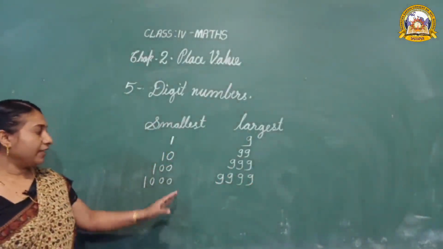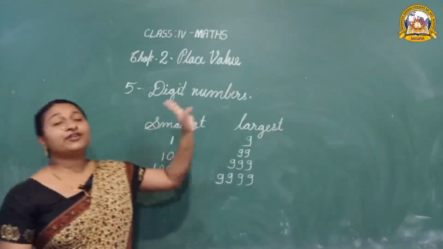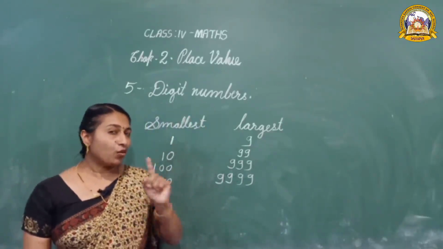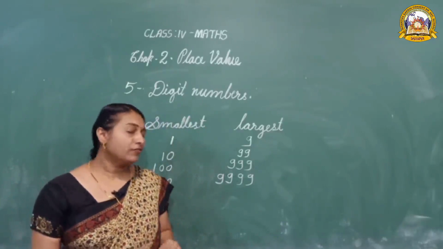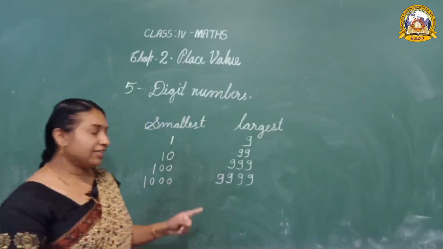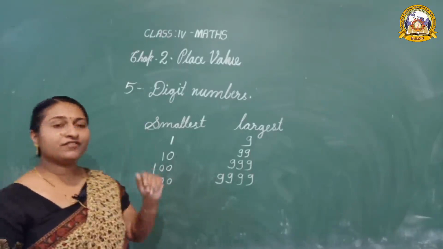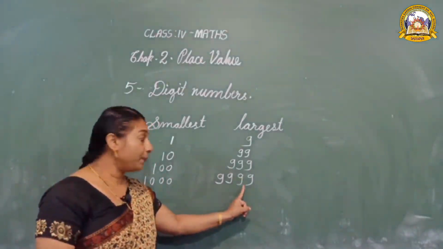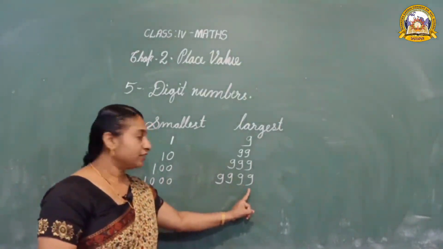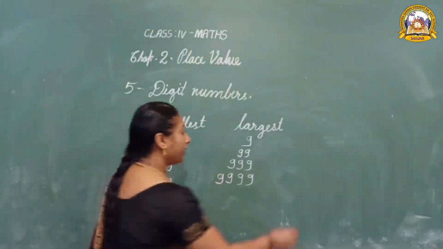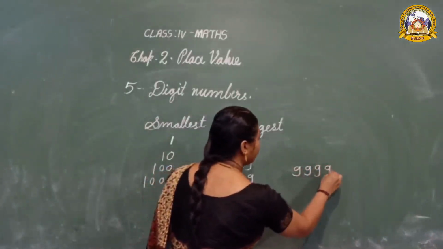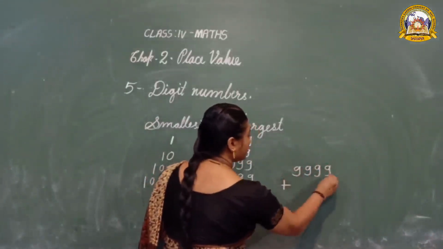Okay. Next we are going to 5-digit numbers. Can you say which is the smallest 5-digit number? What should we do? Yes, to get smallest 5-digit number, we should add 1 plus this number. What will be that? Add 9,999 plus 1.